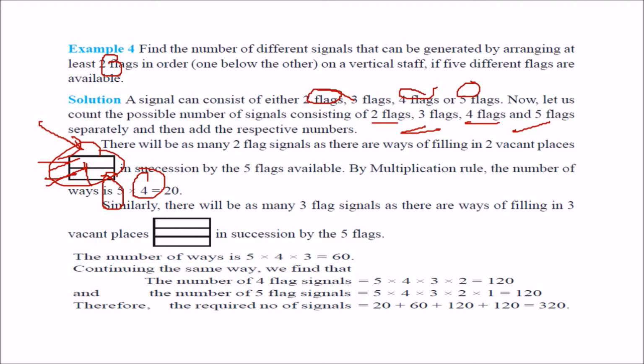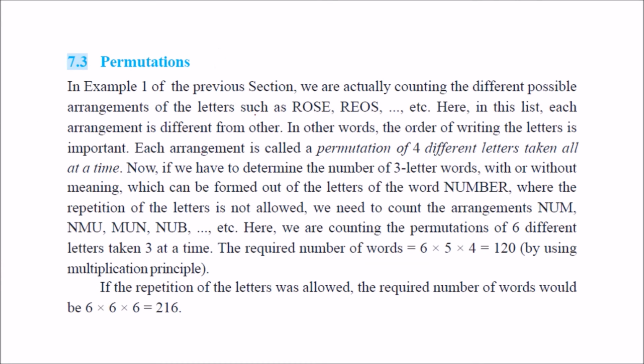The multiplication rule is, if 5 is available here, next available is 4. In a similar fashion for 3 flags it is 5, 4, 3, and similarly for 4 and 5 flags. So when we combine the 2 flag, 3 flag, 4 flag, 5 flag counts which we just found, this will be 20 plus 60 plus 120 plus 120, that is 320.